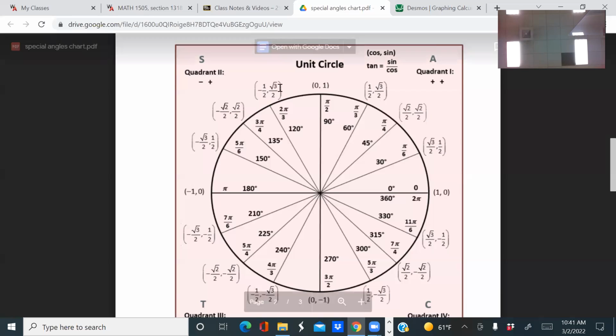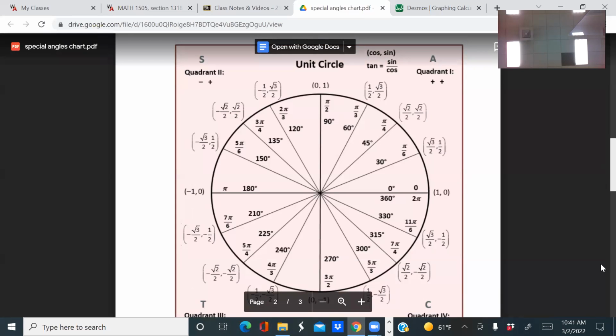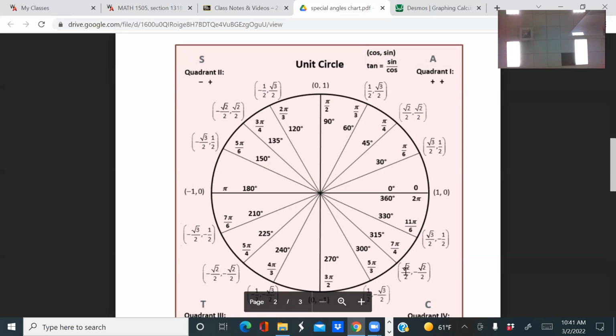So it's easy to remember the points on this circle, and therefore it's easy to use the circle to remember sine and cosine for special angles. Remember, this is only for special angles, correct? So if I ask you what it is for 7 pi over 4, which is down here in the fourth quadrant, the x and the y coordinates are the same.